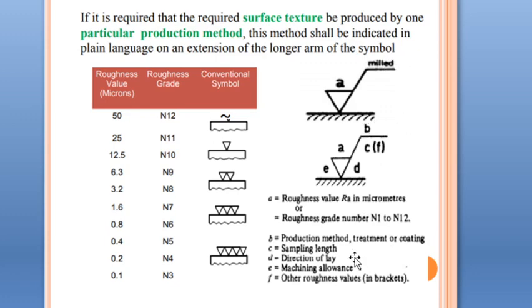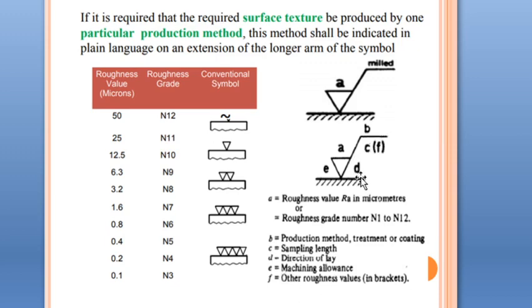A is the Ra value over the triangle, always representing the Ra value. Suppose A is represented in two numbers: the first number is the maximum Ra, the lower number the minimum Ra. B indicates the production method, treatment or coating. C is the sampling length, cutoff length.